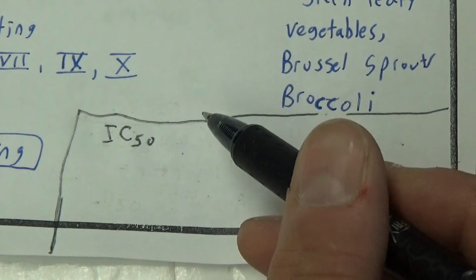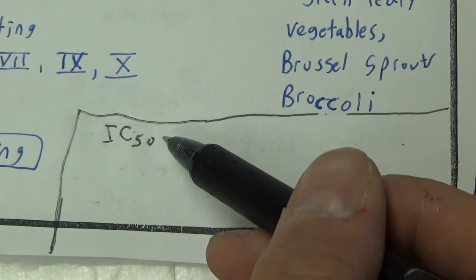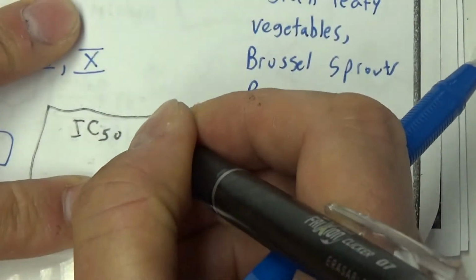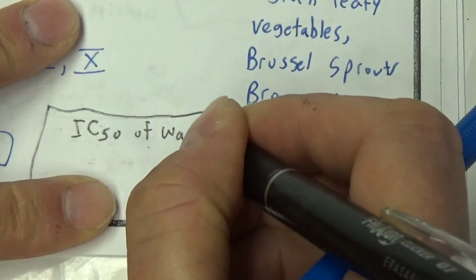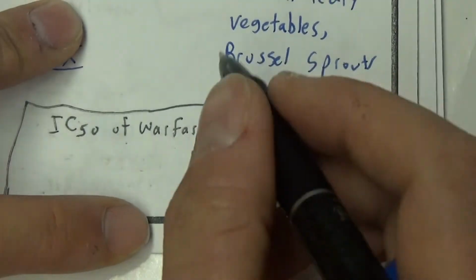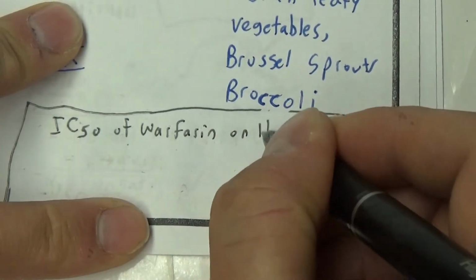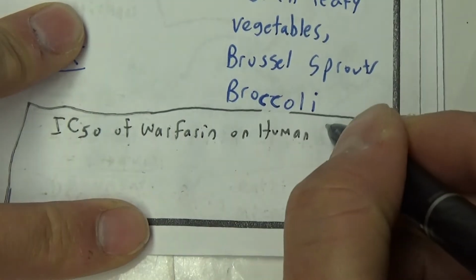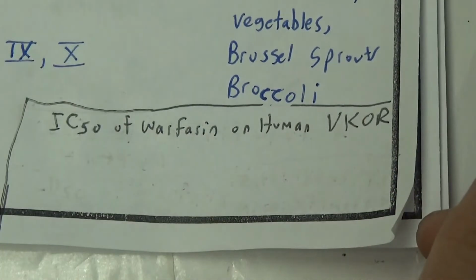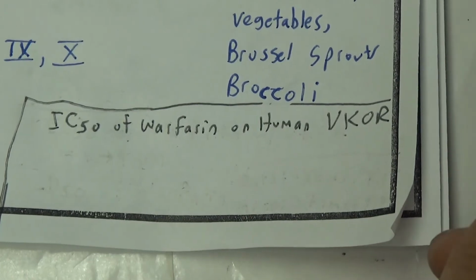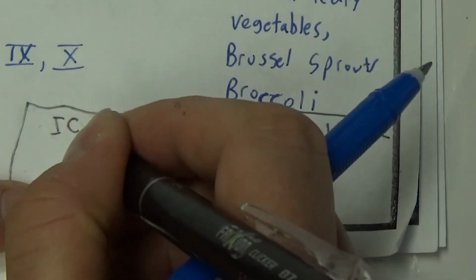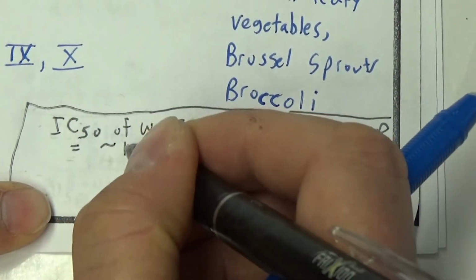VKOR. So as a measure of potency, the IC50 of Warfarin, the drug, on human VKOR, which is the vitamin K epoxide reductase, is about, we'll say, 1 to 4 micromolar.